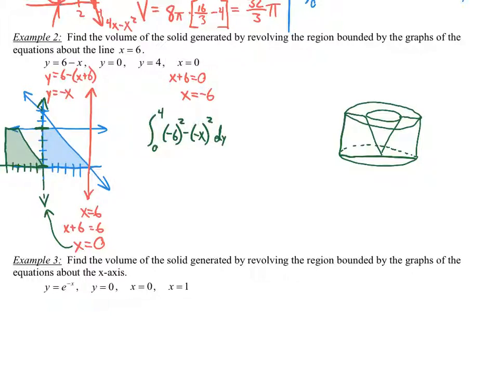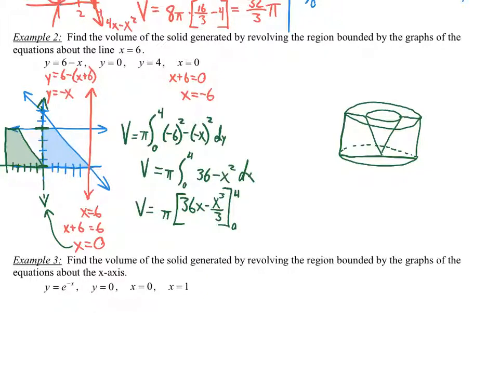So at this point all we have to do is finish the integral. Oh wait, don't forget the pi. Don't ever want to forget the pi. Integral from 0 to 4 of 36 minus x squared. Now we have 36x minus x cubed over 3, evaluated from 0 to 4.